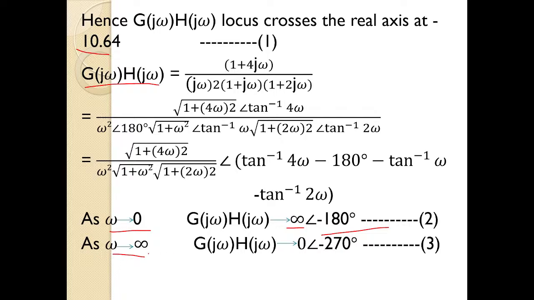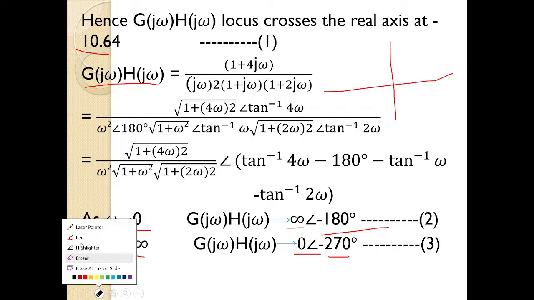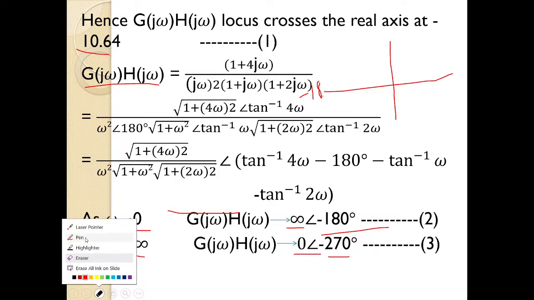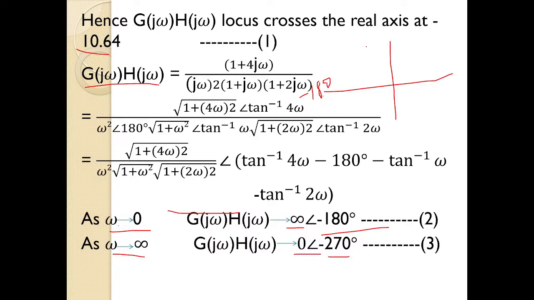And if you substitute omega tends to infinity in your above equation, the magnitude you will get 0 and the angle is -270. This is the -180 degree axis, and this is the -270 degree axis.